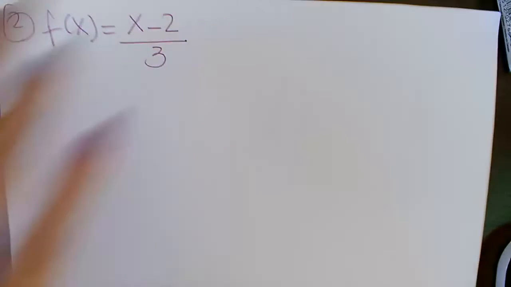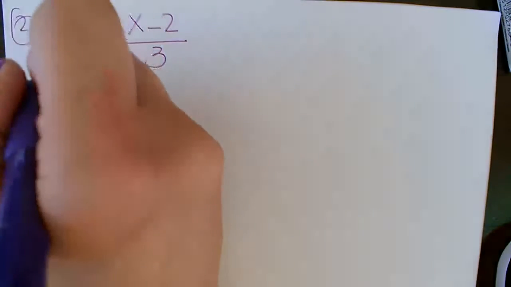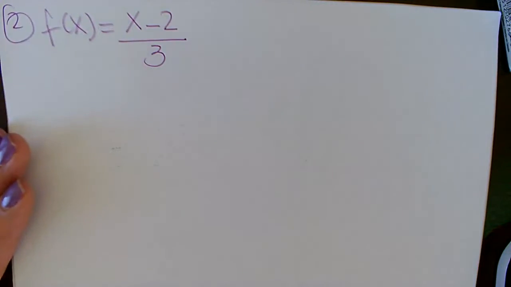Let me do one with this one. F of x equal to x minus 3 divided by 3. Okay, so what do I do first? Replace the f of x with y.